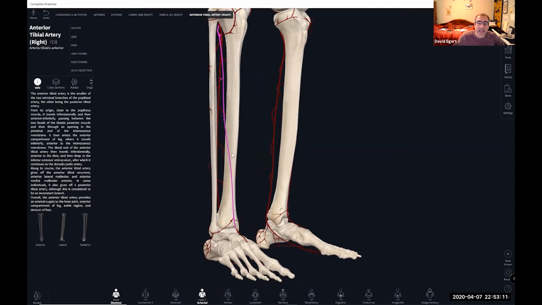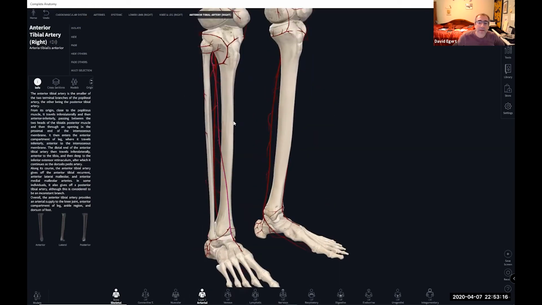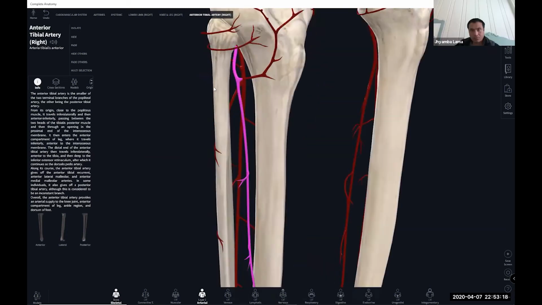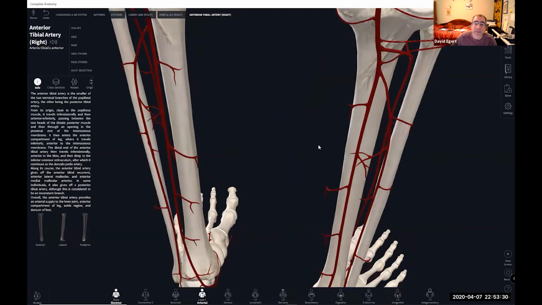That's going to be the anterior tibial artery. You can see it coming from that after the popliteal, there's that branch that zips to the anterior part of the leg to become the anterior tibial.